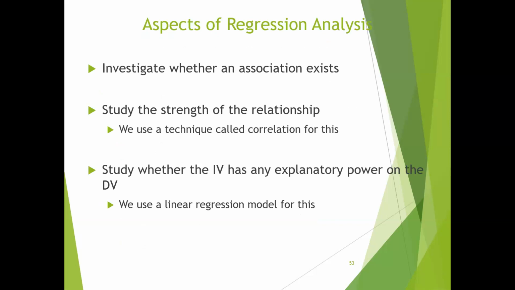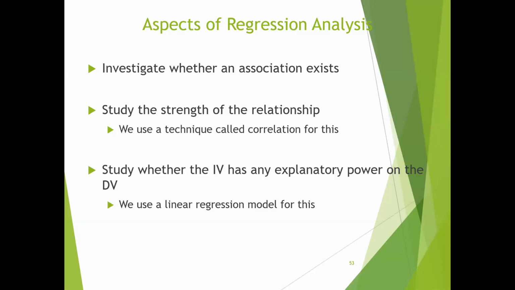There are several aspects of regression analysis that you need to be aware of. The first step is to investigate whether an association exists. You want to figure out, is there an association between these two variables? To do this, we use a technique called a correlation.